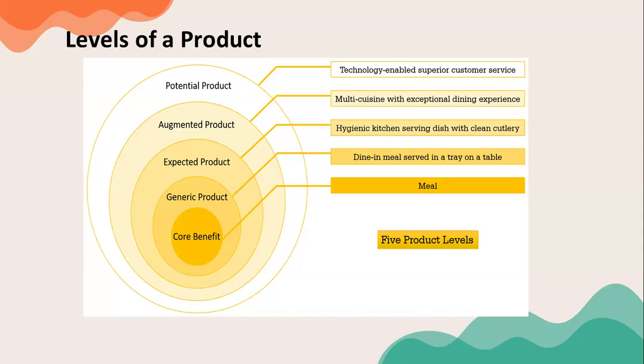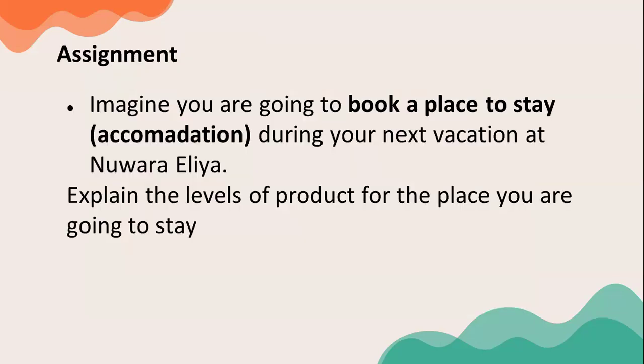And the potential product is a product that has not been developed yet, but there's potential to improve the product in the future. That's the potential product, right? So this is the assignment. I hope you will submit on time to the LMS, right?